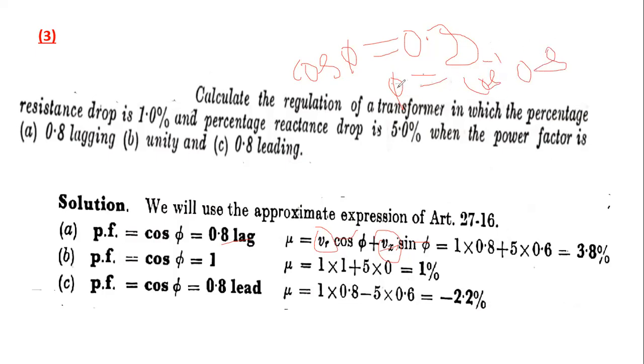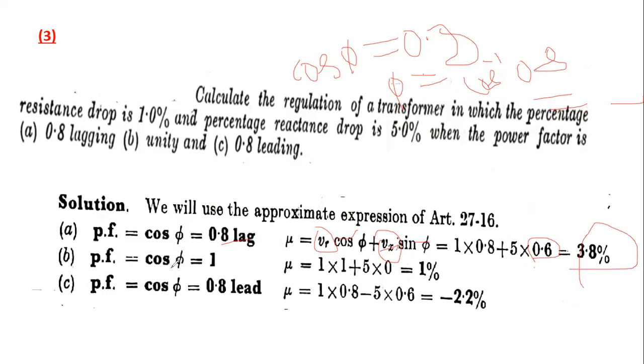Approximately its value is 36.88. Therefore, the sine of that angle is 0.6. Therefore, we calculate the voltage regulation mu at 0.8 power factor lagging, that is 3.8%.